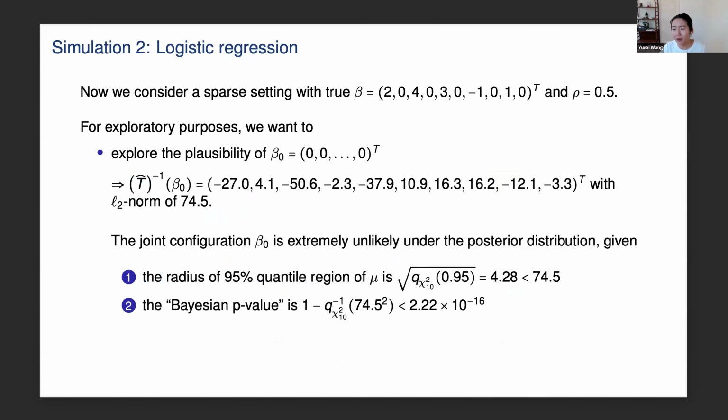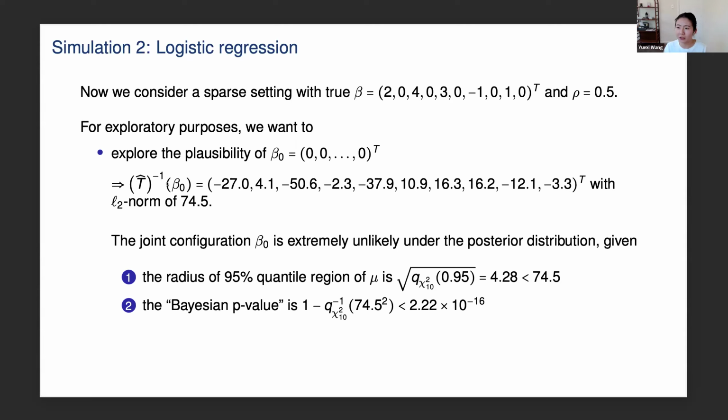And the second example for this simulation is we want to go back to the Bayesian p-value example. Say we just use a naive example. Say I want to understand how plausible it is that beta null equals just the 0 vector. So I try to find this null vector's corresponding location in the reference distribution.